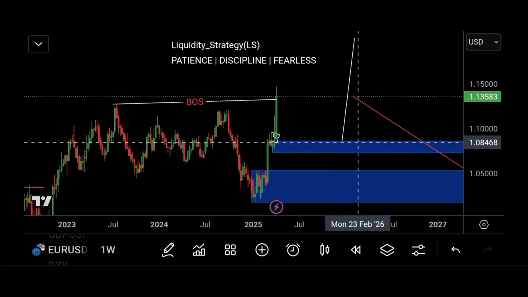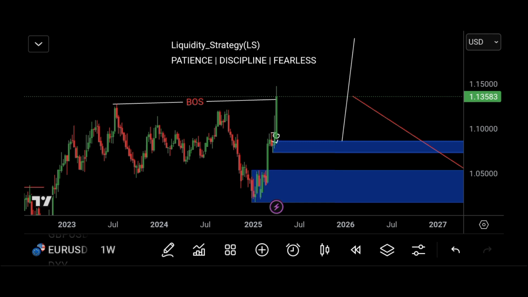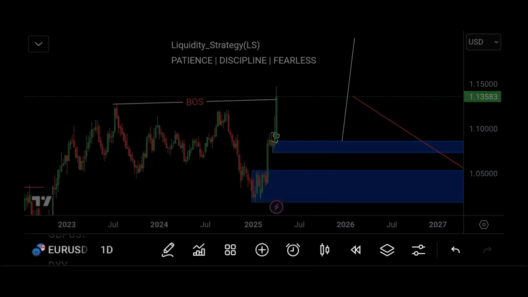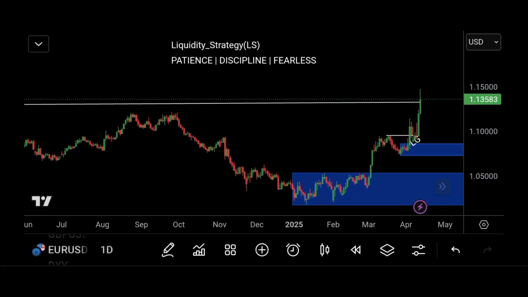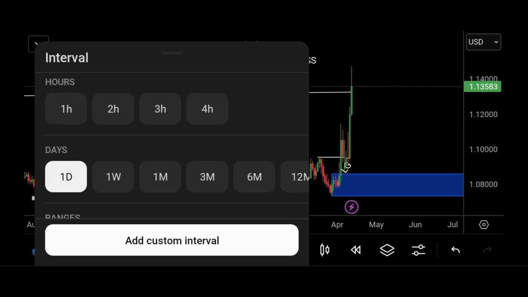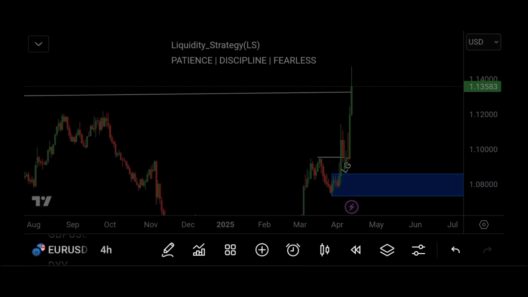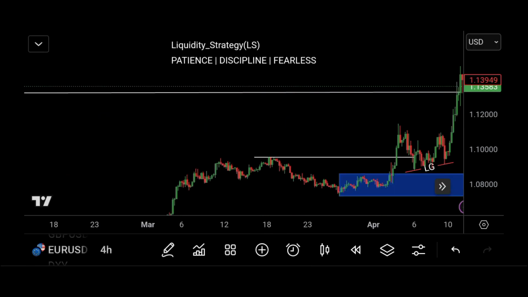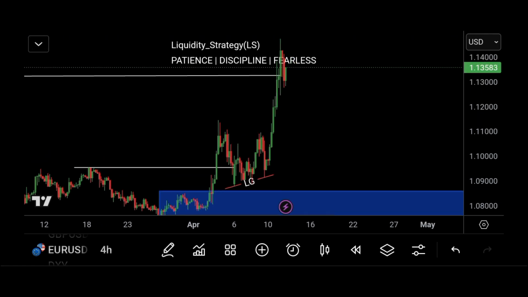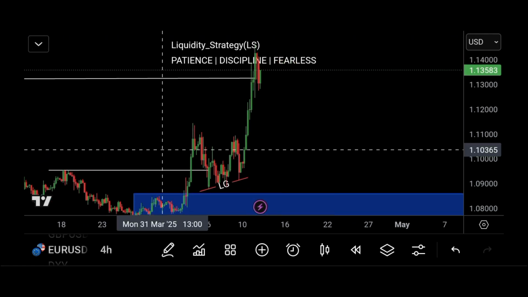Let's continue. On daily time frame, it's still the same thing. The chart is still bullish on daily time frame. Still the same thing. Look here, because some people might be thinking, why didn't I mark this zone?